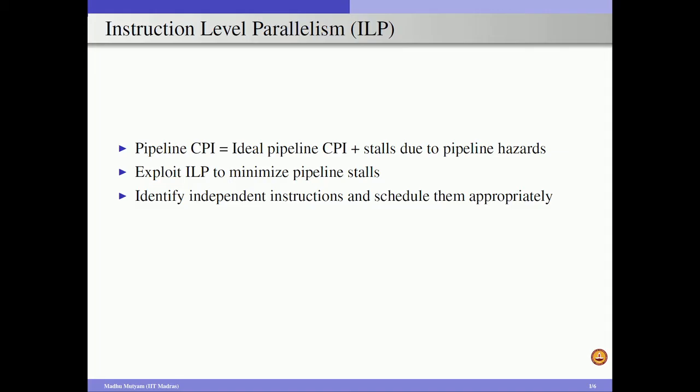In the case of software, the compiler can identify independent instructions in the program and schedule them statically. In the case of hardware, we can use dynamic scheduling. At runtime we identify independent instructions and issue them to the functional units appropriately to minimize the overall pipeline stalls, so that the performance can be improved.